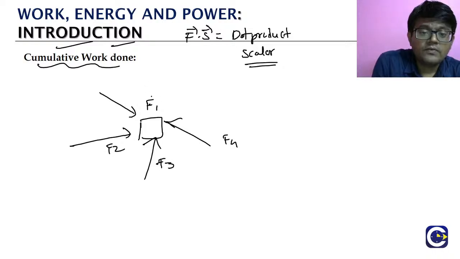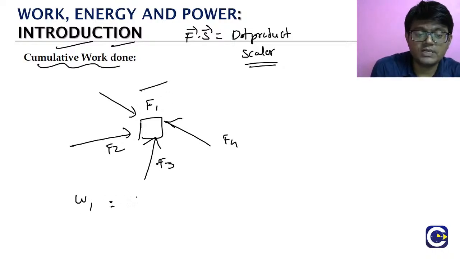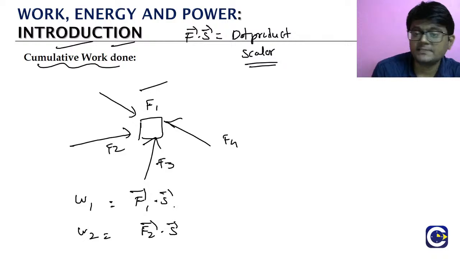For force 1, the work done W1 is F1 dot S, where S is the displacement of the body. The work done by force 2 will be F2 dot S, because the displacement of the body is only one displacement.